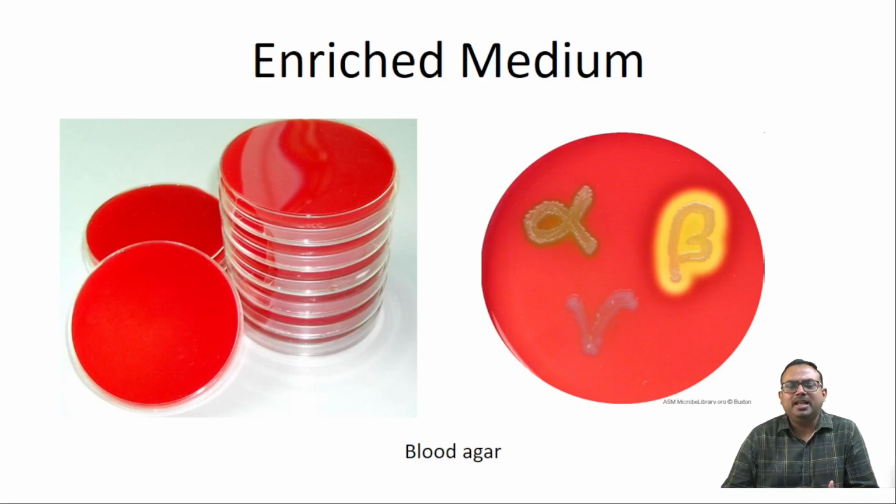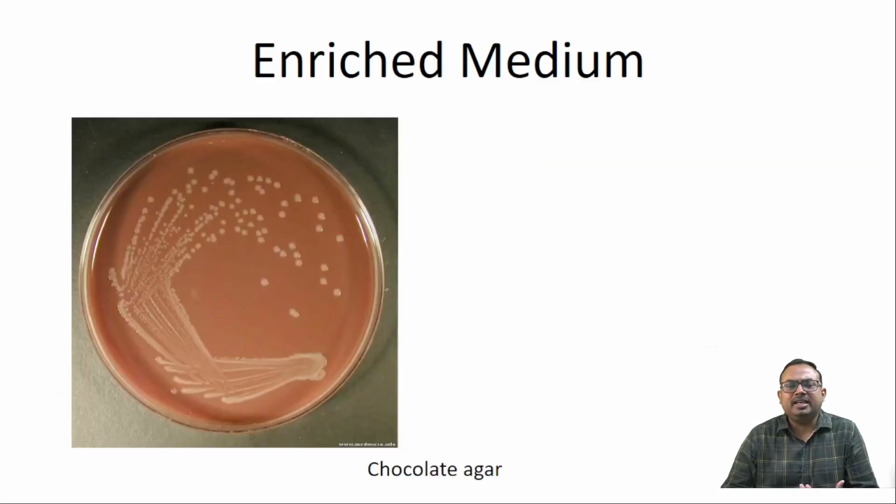For example, in this slide you can see blood agar, where 5 to 10% of sheep blood is added to the basal culture media nutrient agar to make it enriched media. Another example of enriched media is chocolate agar, where hemolyzed blood is added and it is used as an enriched media.